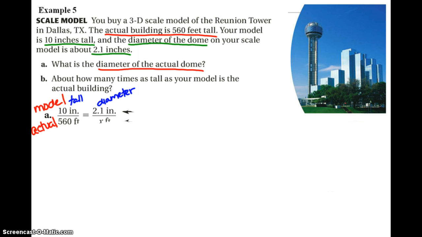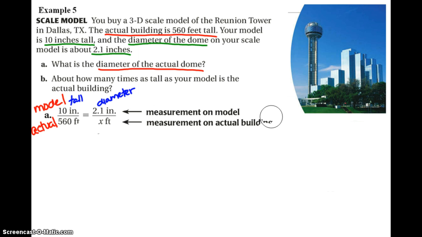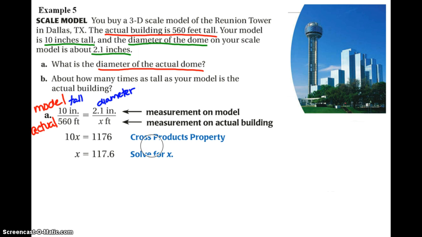And notice we cannot interchange where the model and the actual are. If we are putting the model in the numerator, it always has to stay in the numerator. Okay, so the model and the actual building. And in order to solve, we cross multiply. Okay, so we get 117.6 is the actual diameter.